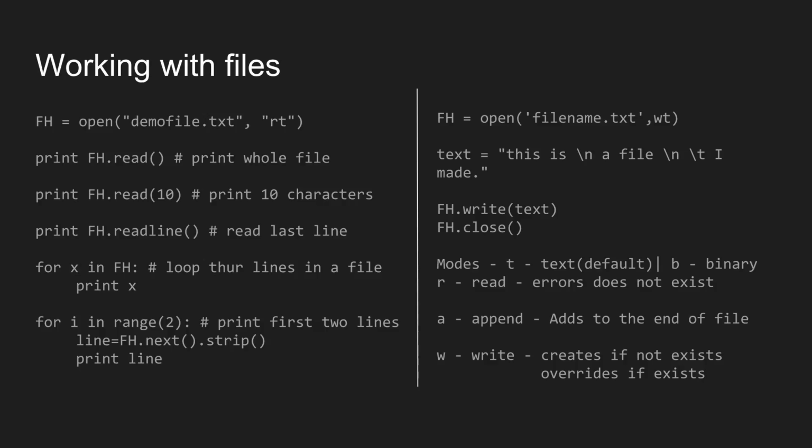Right, the mode "w" needs quotes. So we're going to get the text, and then we're going to use the write function. We're going to just write our string into the file and then close the file. There's a newer method as well. It's called with.